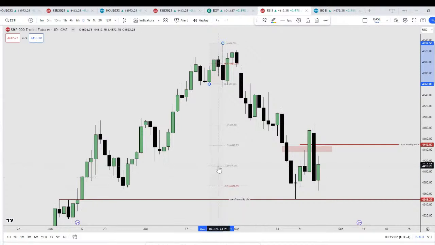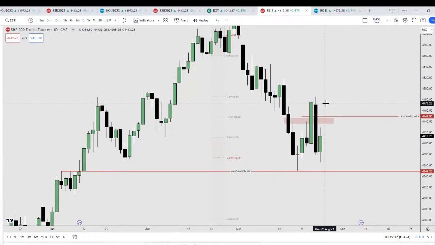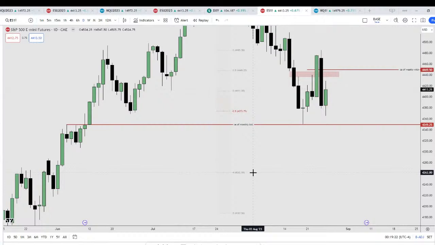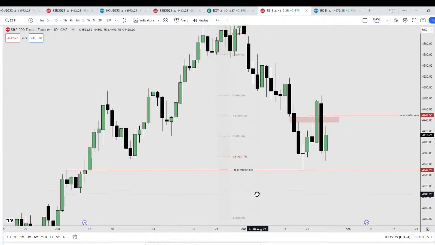Usually in this range, reversals and retracements take place, as you can see over here. And if it wants to give another opportunity, then you look for the 1 to 1.5 range for an entry into the fourth standard deviation. Usually that's the case, but we shall see how it plays out next week.